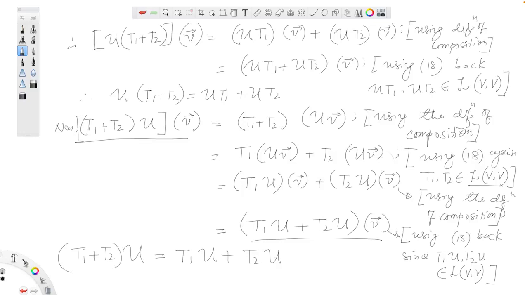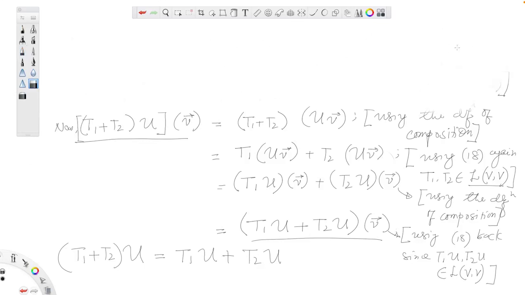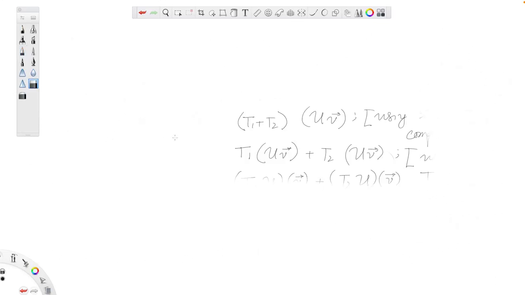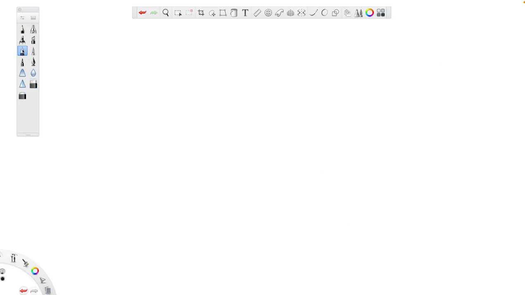Okay, so now for part C of the theorem, we have U, T1, T2 to be linear operators on the vector space V, and C is a scalar. So this is an F vector space.